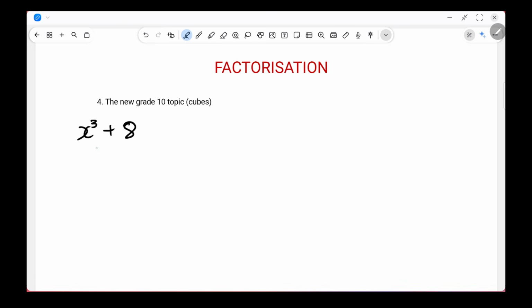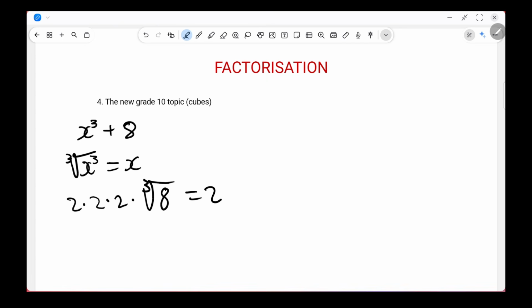The cube root of x cubed is x. And then 8 we know is 2 times 2 times 2, meaning the cube root of 8 is 2, because 8 you can also write as this one.